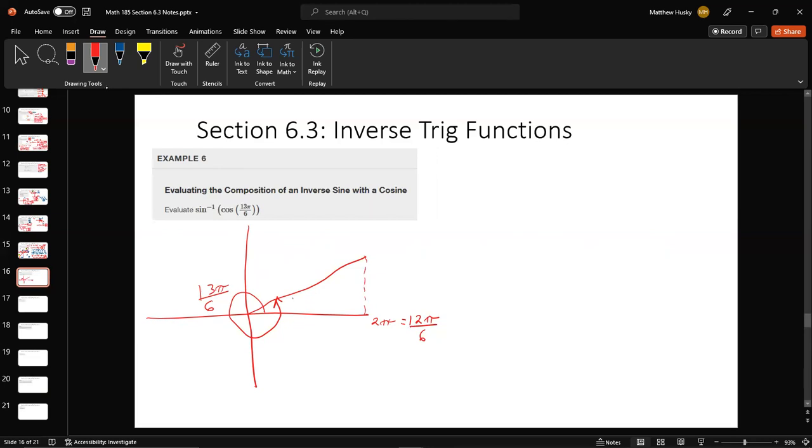And so if this is an extra pi over 6, that's a 30-degree angle. Across from 30 is a half. And this is going to be root 3 over 2. So we're in quadrant 1.